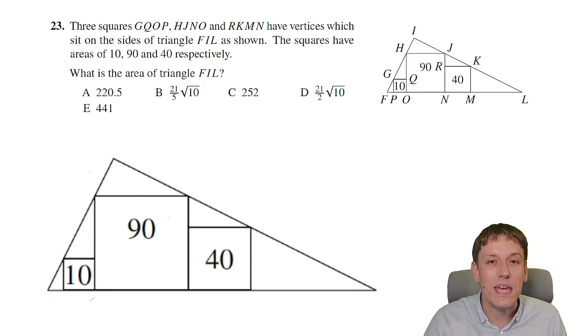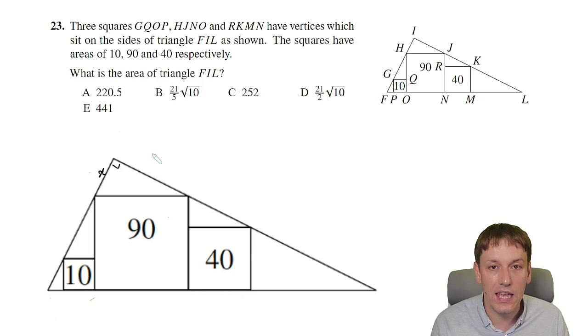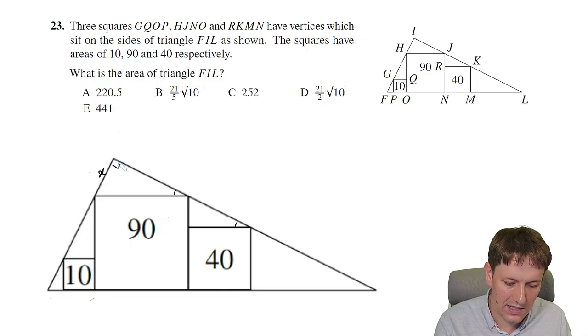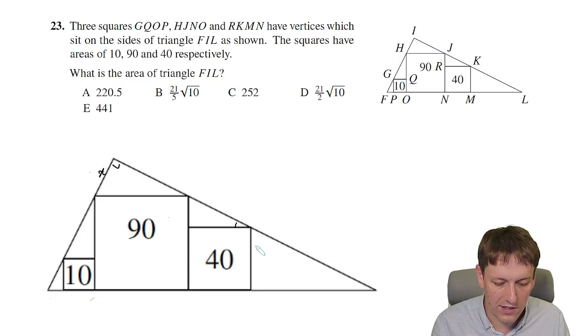For an alternative way to get the area of the final triangle here, we could also call this length x and say I've got a right angle triangle here, and note that this triangle is also similar to all of the other ones because it's got a right angle, it's got this angle and this angle, and it's got a right angle as well. Okay, it's a slightly different orientation to these ones, but they are still similar.